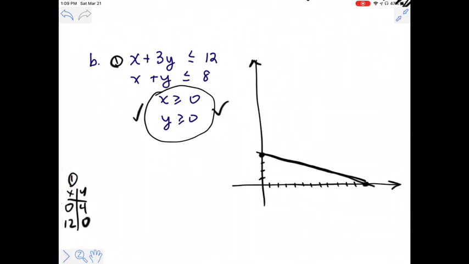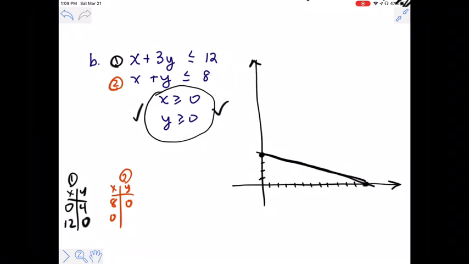Now, the second one. If I wanted to find the X and Y intercepts, to find the X-intercept, I let Y equal 0. If Y equals 0, then I have X equals 8. If I want to find the Y-intercept, I let X equal 0. So if X equals 0, then I have Y equals 8.